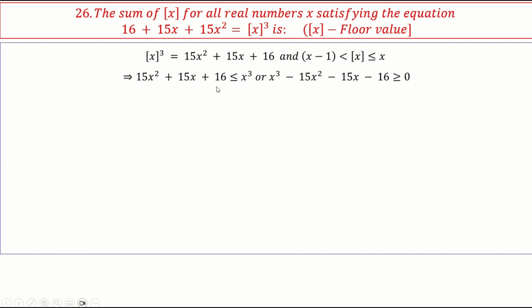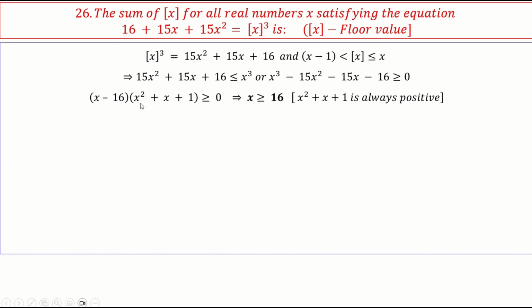Now we have an inequality here. Take the inequality into cubic terms. You can actually factorize it. So we get x minus 16 into x square plus x plus 1 is greater than or equal to 0. Here x square plus x plus 1 is always positive. It's very easy to prove.